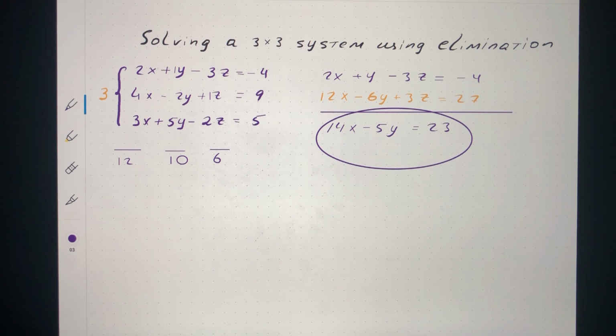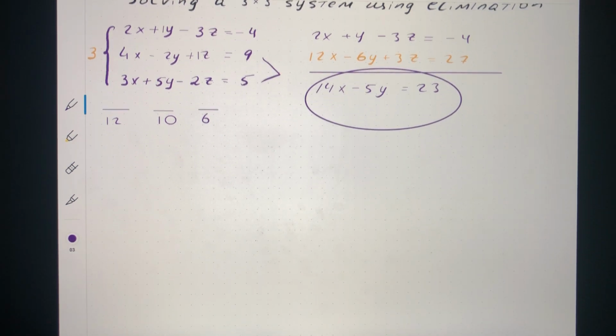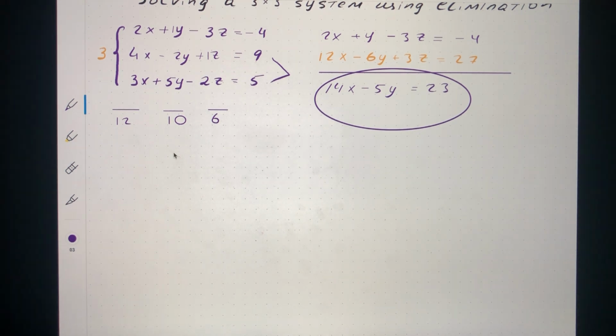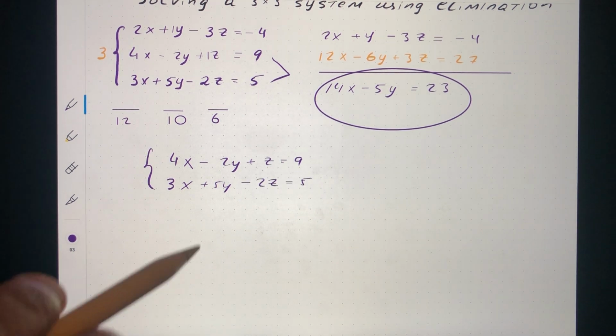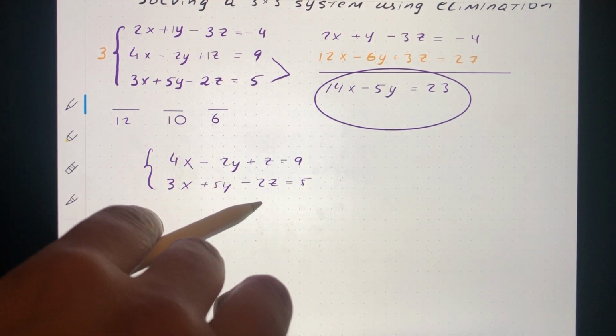Now we can add another two equations aiming to cancel z as well. So if we have the middle equation, 4x minus 2y plus z is 9, and then the second one is 3x plus 5y minus 2z is 5, and we're aiming to cancel the z, then both numbers should be 2.